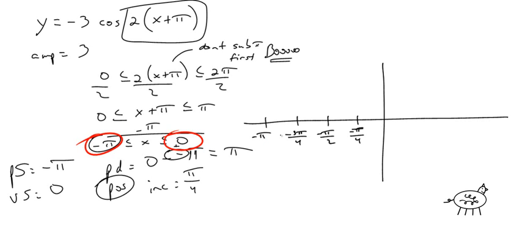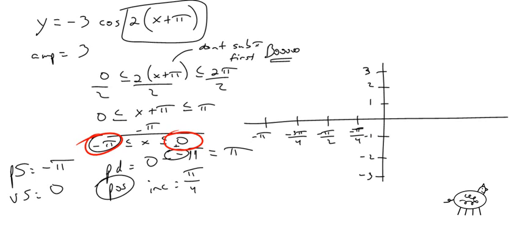Now, it's cosine and it's negative. First of all, its amplitude was 3, so I need to go 1, 2, 3, and negative 1, negative 2, negative 3.